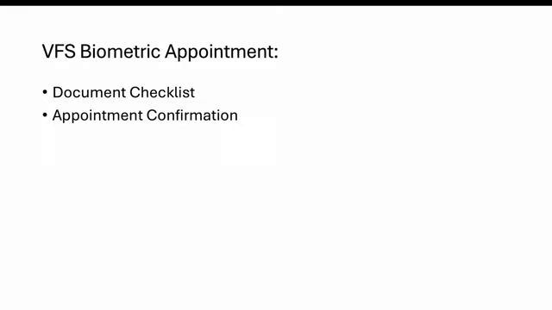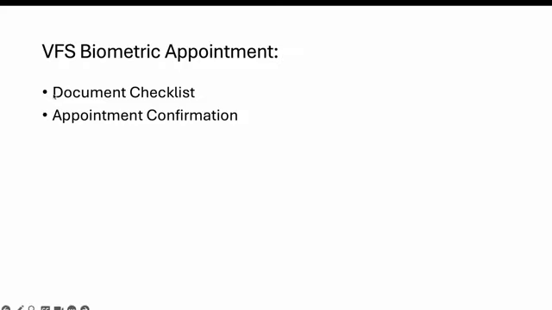Okay, after you're done with your visa application and you receive that reference number at the end, you go to your VFS biometric account and book a date for your appointment. At the appointment, you need to bring two files with you.